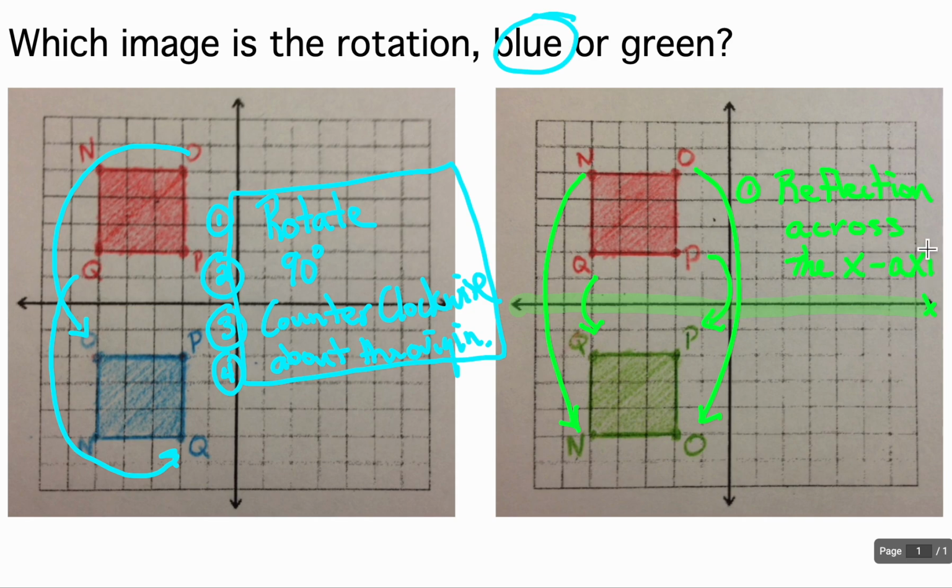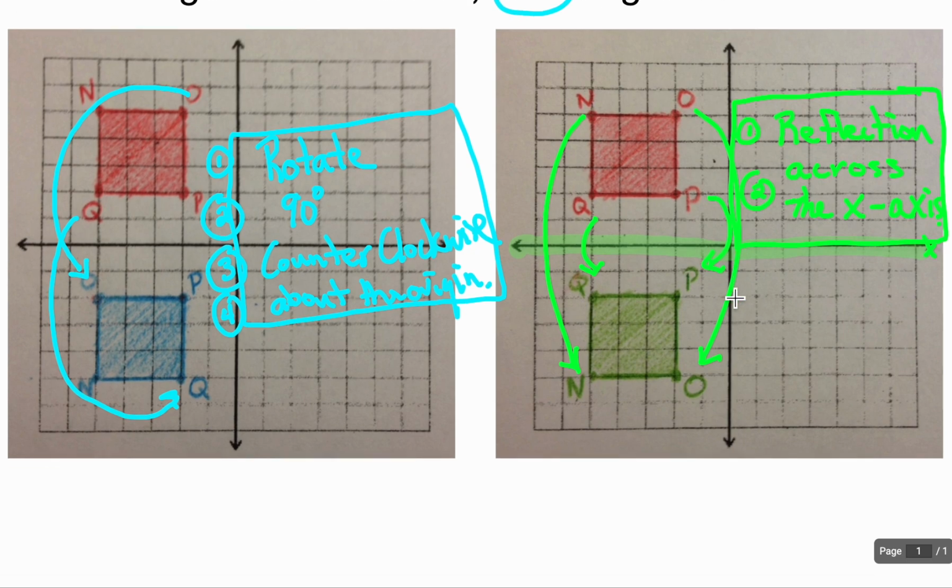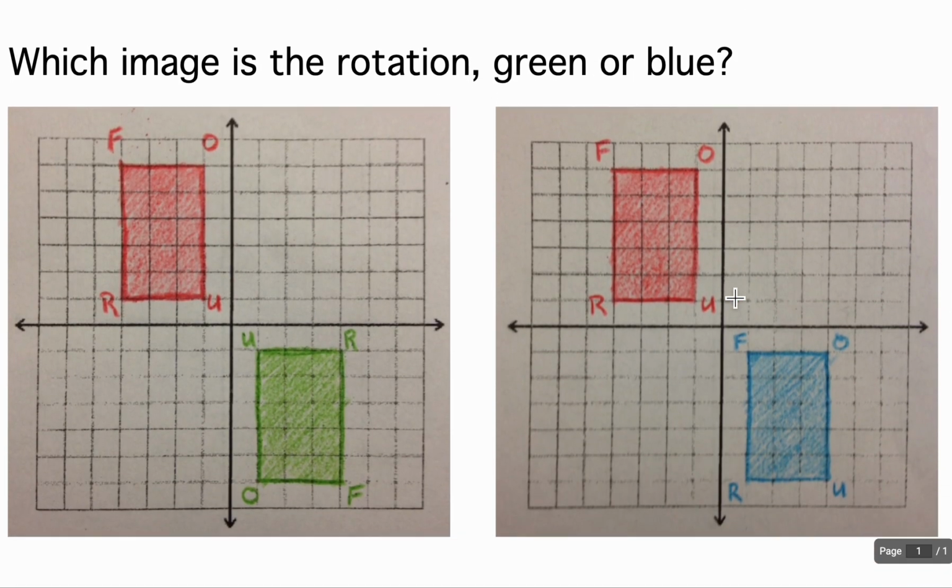And we have to name the axis. So that's two parts, the name with where it's reflected across. Rotation is more complicated, so it needs more steps to talk about it. Whereas the reflection one is a little bit simpler, so all we need is the name reflection and the axis, the x-axis. So now let's try another one.